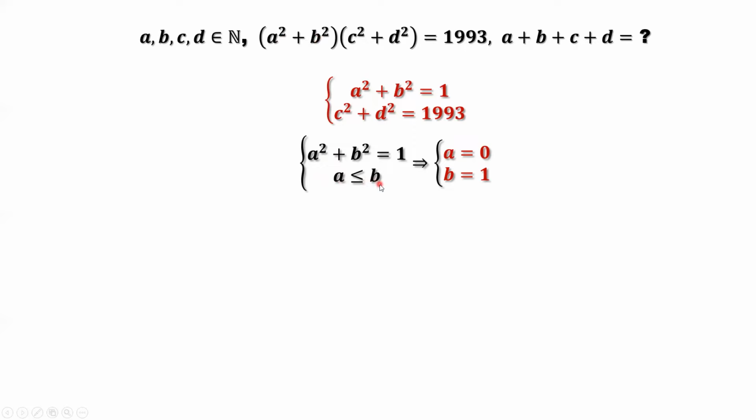Both a and b are non-negative integers, so one of them must be 0, and the other one is 1 because we assume a less than or equal to b. So this implies a equals 0, b equals 1. We find the two answers, one for a, one for b. We need two more for c and d.